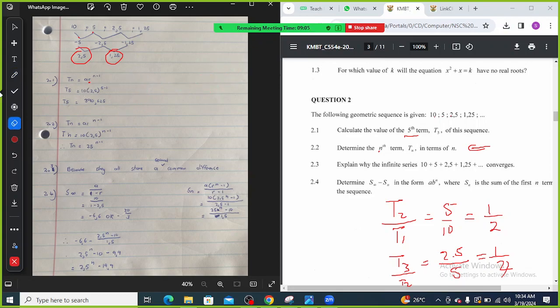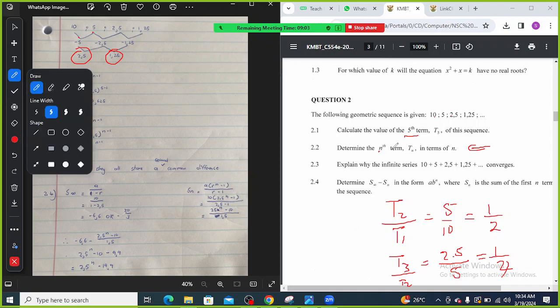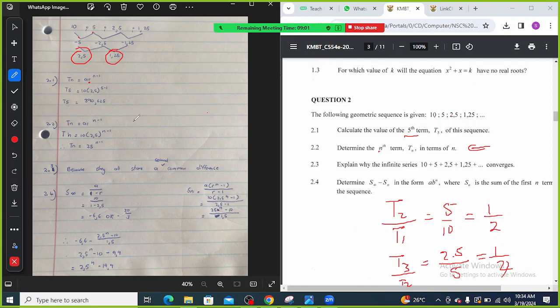In 2.2, they're saying determine the nth term, which is Tn, the formula. So you say Tn equal to 10 times (1 over 2) to the power n minus 1. This is fine. In some cases, you will see something like this. Don't be afraid or confused. 1 over 2 is the same as 2 exponent negative 1, times n minus 1. If I distribute this negative, I will have 10 times 2 exponent 1 minus n.